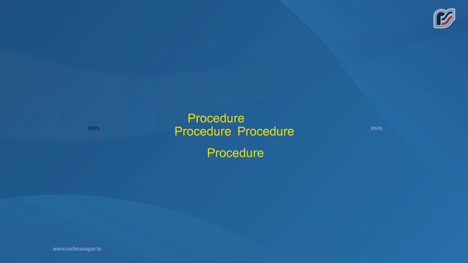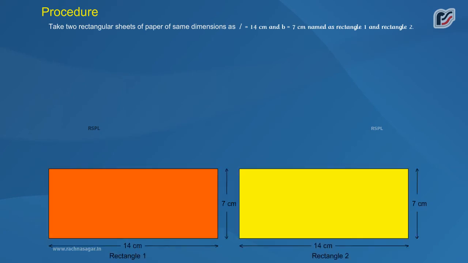Procedure: First, take two rectangular sheets of paper of same dimensions, L is equal to 14 cm and B is equal to 7 cm, named as rectangle 1 and rectangle 2.